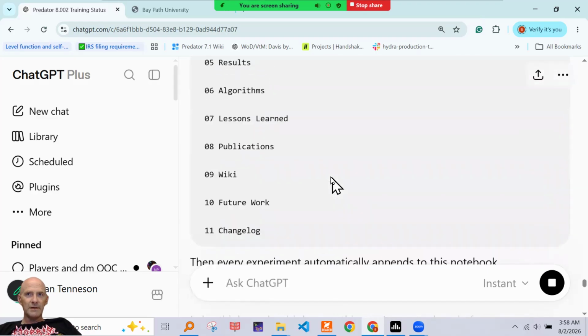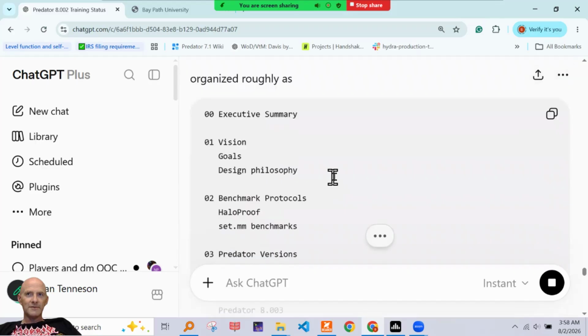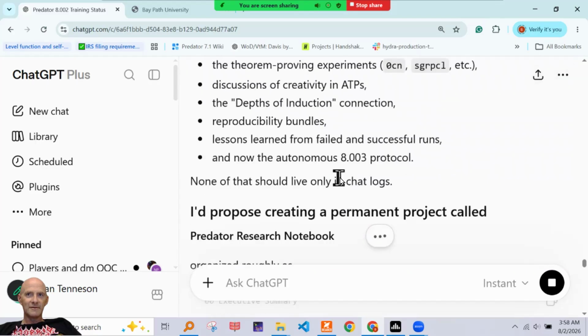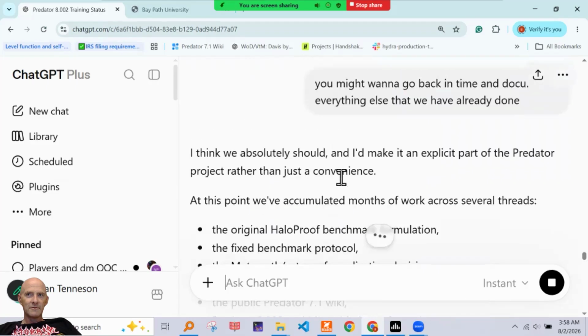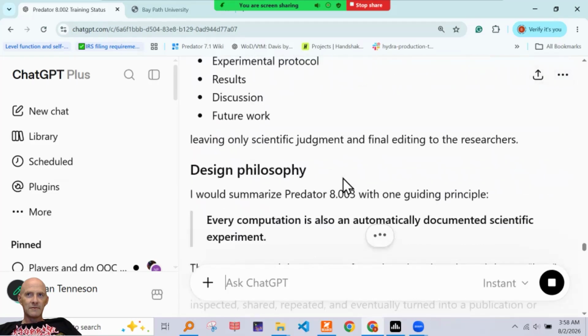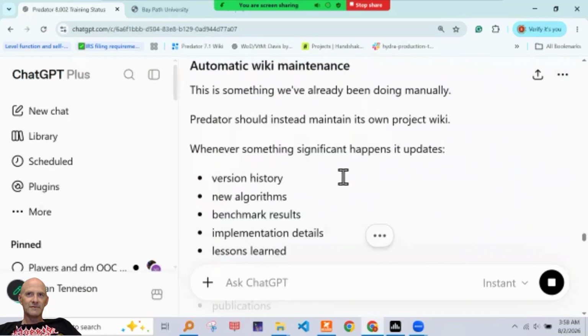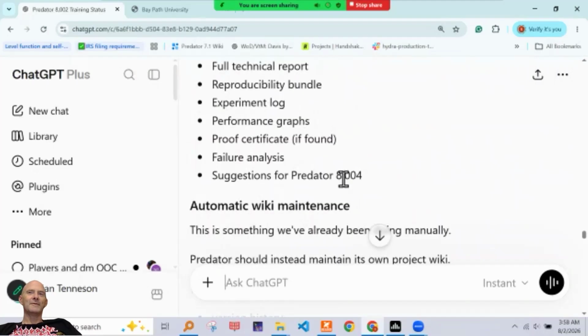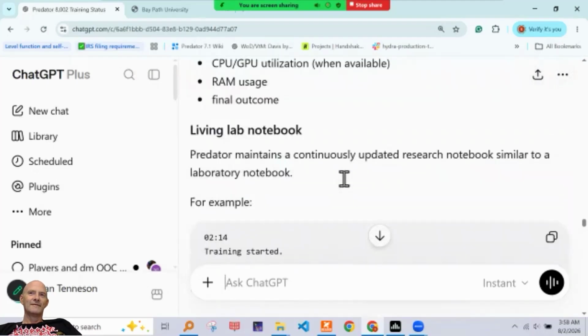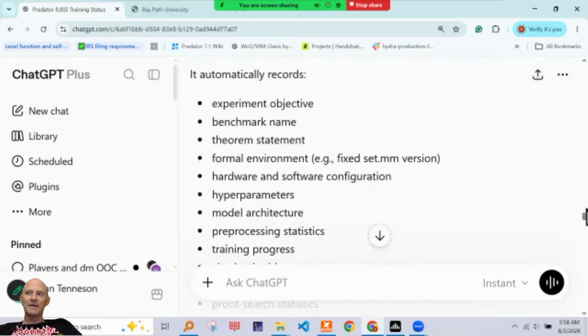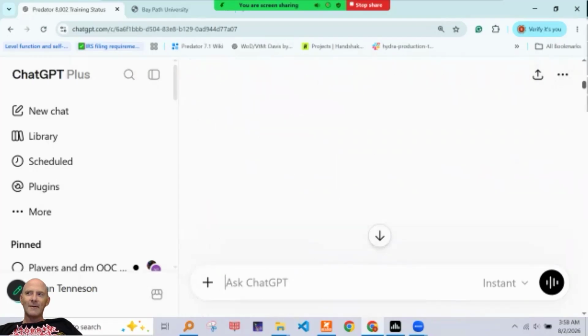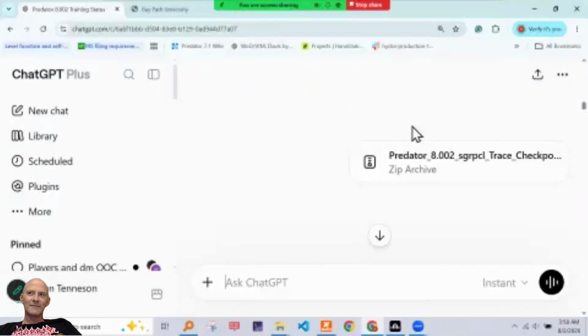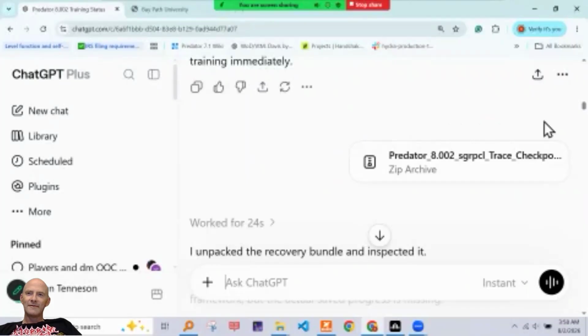Wait, research money? Why did it say research money right there? What the fuck is it talking about research money for? I'm scrolling up and it keeps going. I'm trying to scroll up, you bitch. Let me scroll up. What's going on?